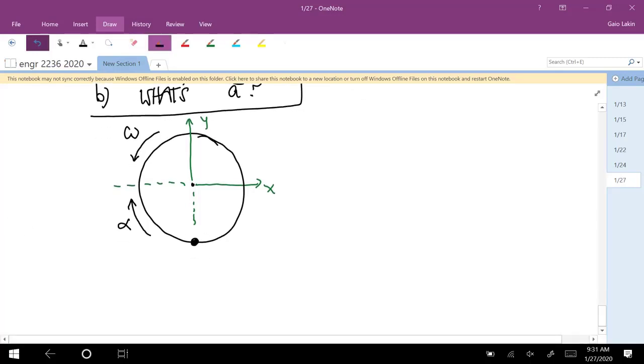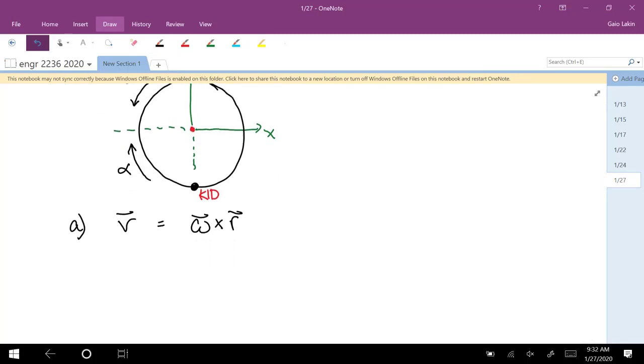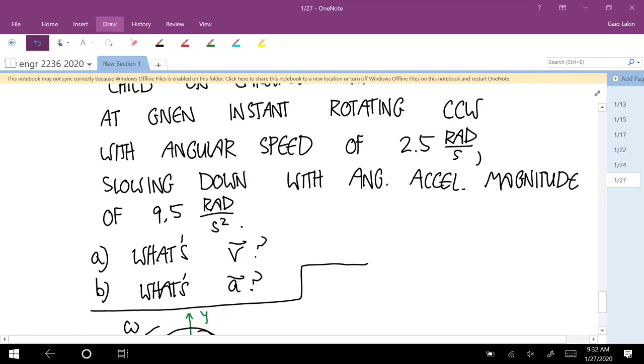Okay, so first, let's do the velocity. So the velocity is the angular velocity crossed with r. This is the kid down here. This is the center of the circular motion. So for that omega vector, we're given the magnitude is 2.5 radians per second. All we have to do is come up with the direction.